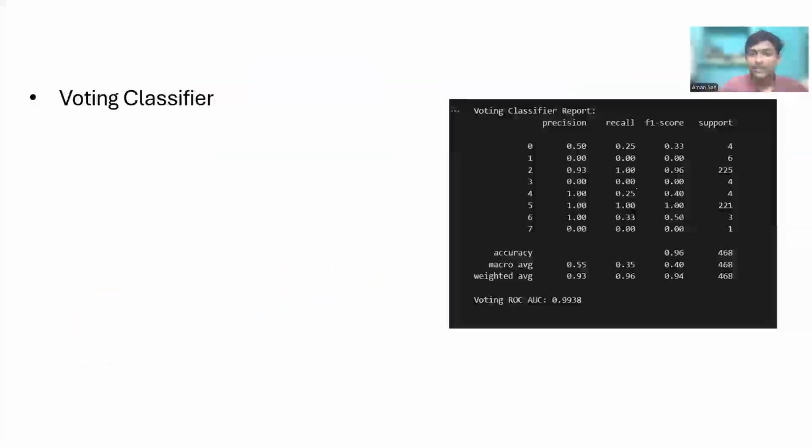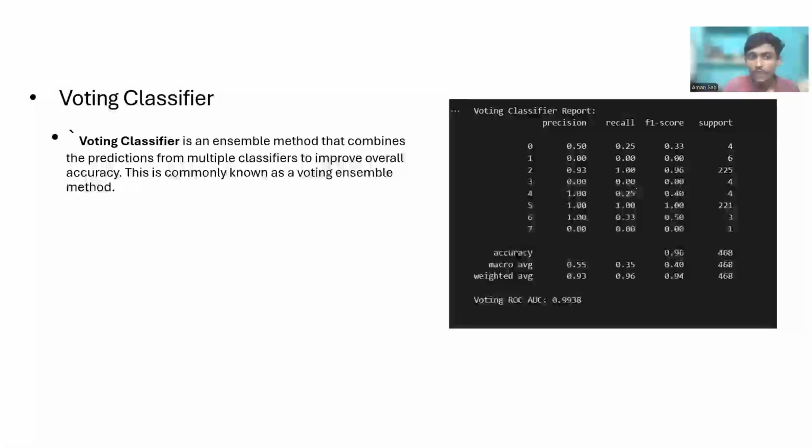So I experimented when I was doing this project. While researching, I found there's one more approach called voting classifier. What does a voting classifier do? A voting classifier is an ensemble machine learning technique that combines the predictions from multiple classifiers.